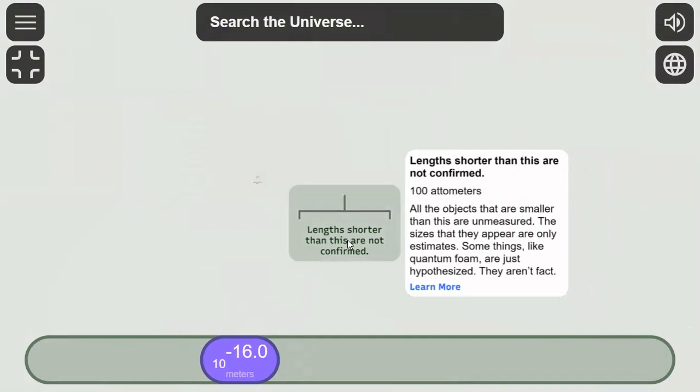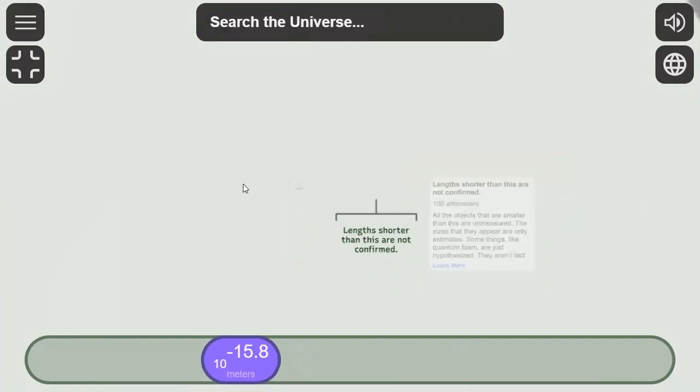So simply we can say this is a boundary between the measurable objects and the unmeasurable objects. The sizes that they appear are only estimates. It is about 10 raised to the power minus 16. So something like quantum foam is just hypothesized there, not fact.